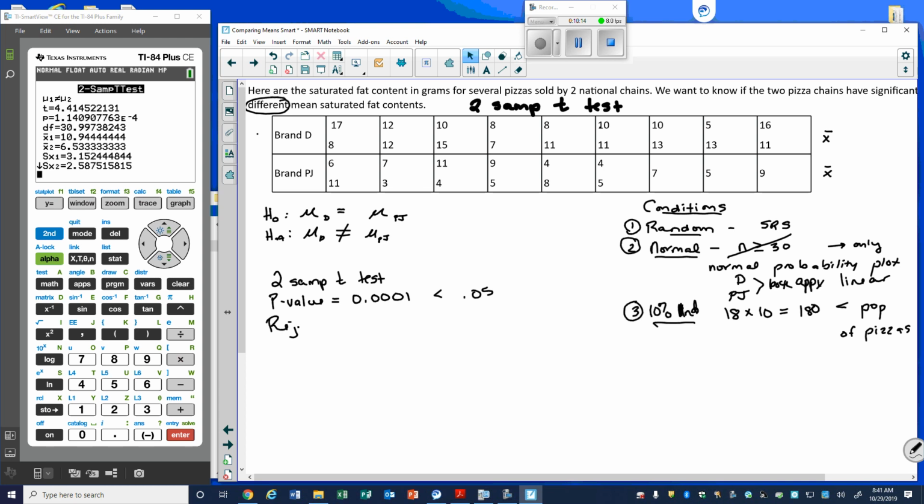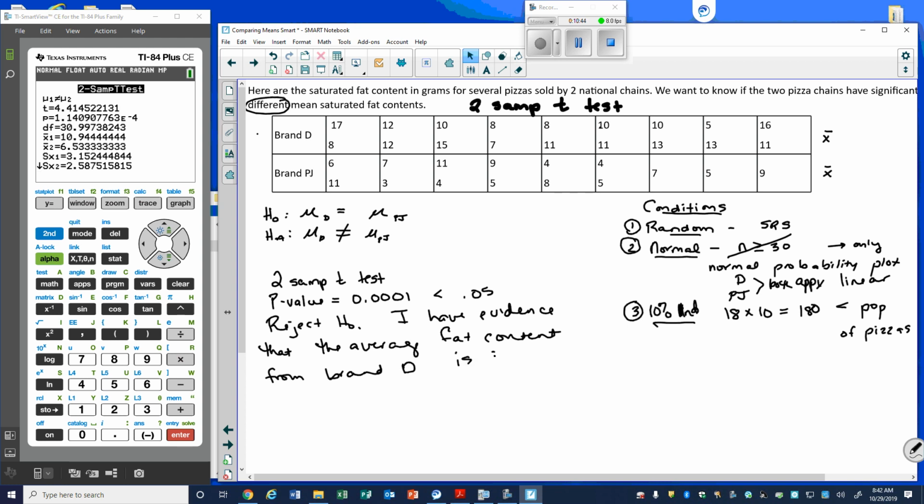then I am going to reject the null hypothesis. And that tells me that I have evidence of the alternative hypothesis. So I have evidence that the average fat content from brand D is different from the average fat content from brand PJ.